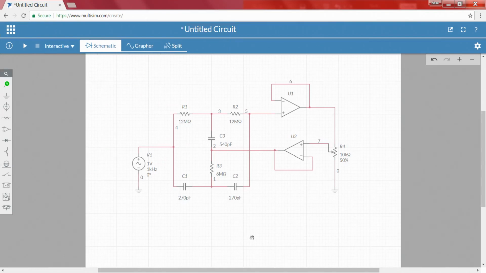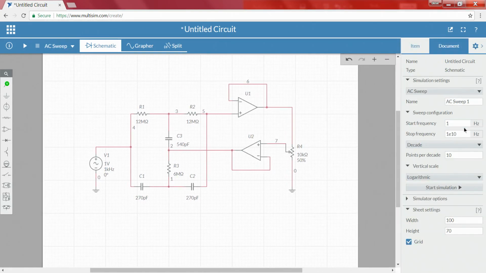So, as we are following the frequency analysis in order to see how exactly the frequency domain looks like. Remember, the notch filter will pass frequencies from 1 hertz to somewhere around, except the narrow band frequencies, it will pass all other frequencies. So, in order to verify, we will go to AC sweep, and keep some settings here: 1 hertz start, and the stop frequency we may not require up to 1e10.